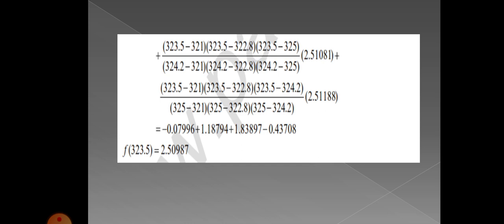I'm also reminding you of the same thing: check the minus sign wherever it is coming, whether it is getting cancelled or not. You should be very careful with that, otherwise the answer will change.